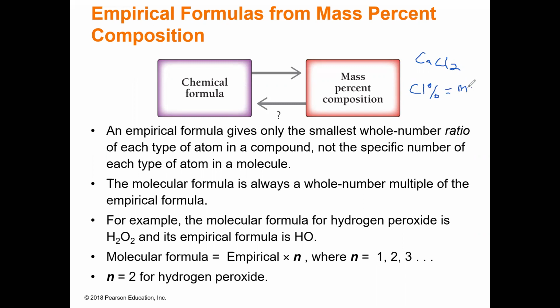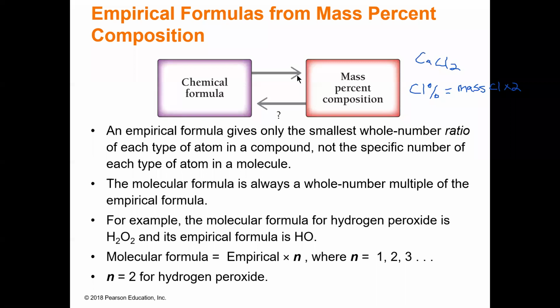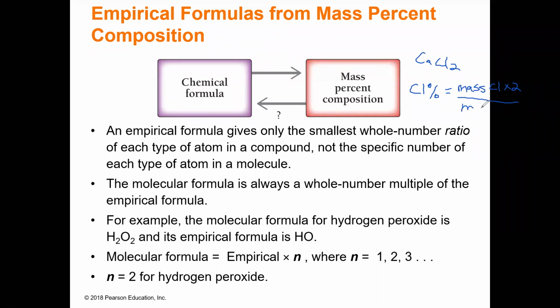You would take the mass of chlorine times 2, divided by the mass of the whole compound times 100. All right, so you figure out the percentage of whatever the part was. Pretty straightforward, pretty easy.